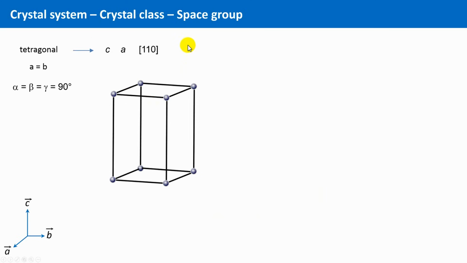3 categories: space group, point group, and crystal system. Assume we have a crystal lattice like the one shown here, which should belong to the tetragonal crystal system. Now we have to look for symmetry elements subsequently along these viewing directions: C, A, and 110, the face diagonal.